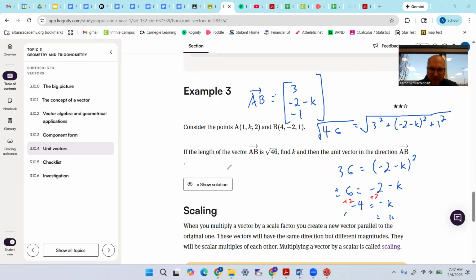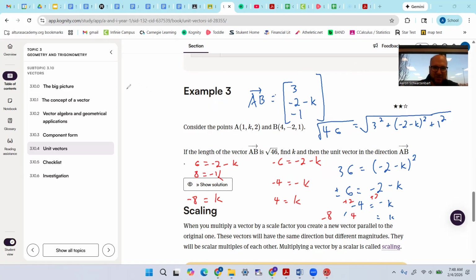So it might be best to think of this as 6 equals -2 minus k and solve that, and -6 equals -2 minus k. This one, when I add 2, I get -4. 4 is equal to k. When I add 2 to this one, I get 8, -k. So k is -8. So those are my options.